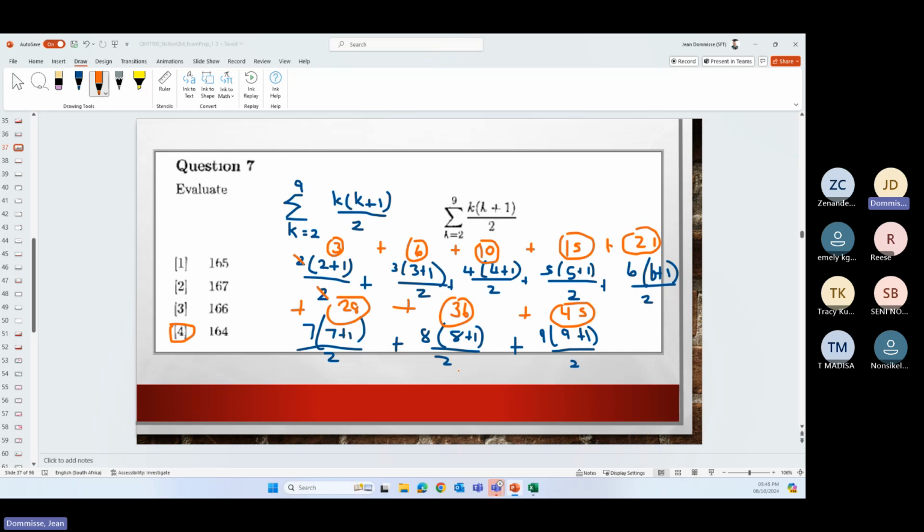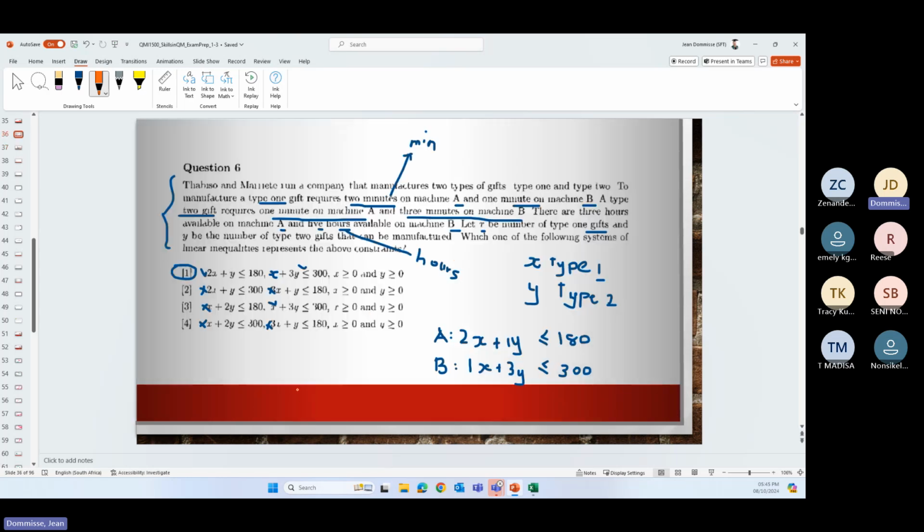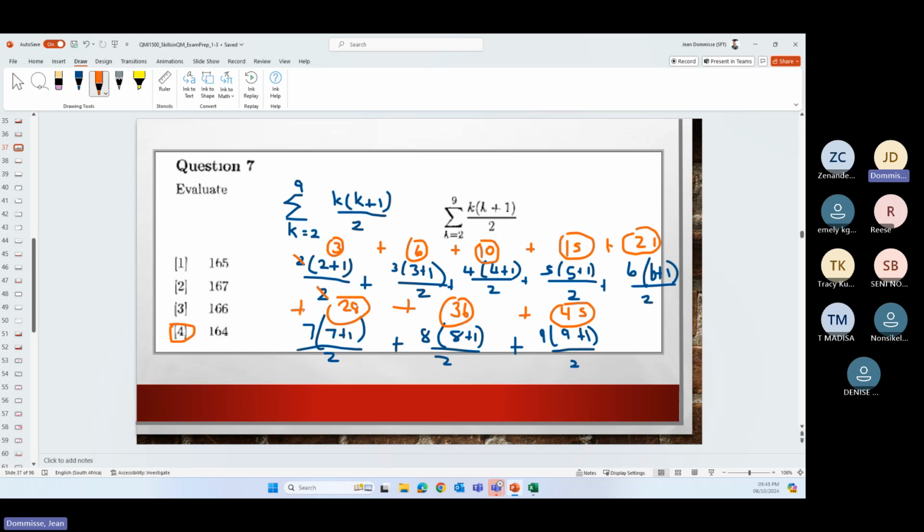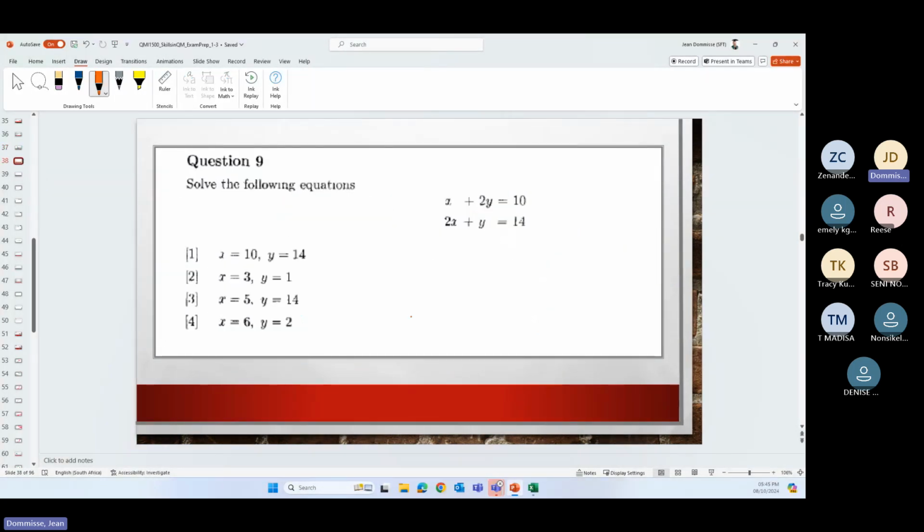Okay, so this one is quite a long process, and it will be the same marks. So this one definitely took much longer to complete, but probably a bit easier, but it will take time. There wasn't really a shortcut in that process.